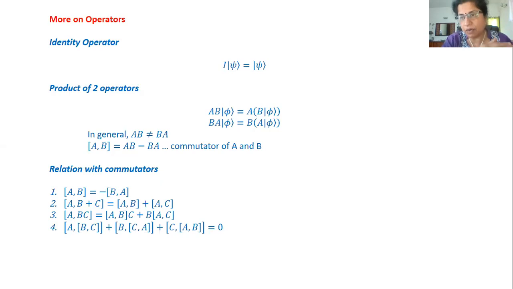Now, further, we will go on and look at certain more information on operators. And the first information that I've put over here is that you need to know that there is something called an identity operator. What does the identity operator do? When it operates upon a wave function, it leaves it unchanged.